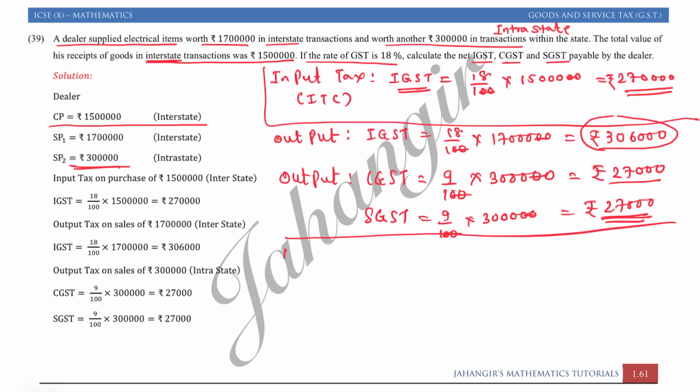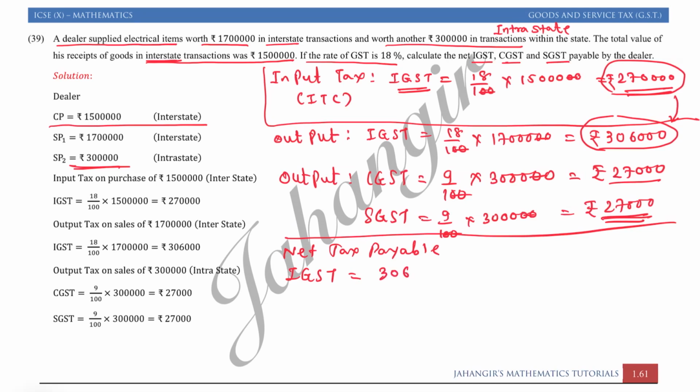Now we will write net tax payable. So first for IGST, he had already paid 2,70,000 while buying, but while selling he got rupees 3,06,000.